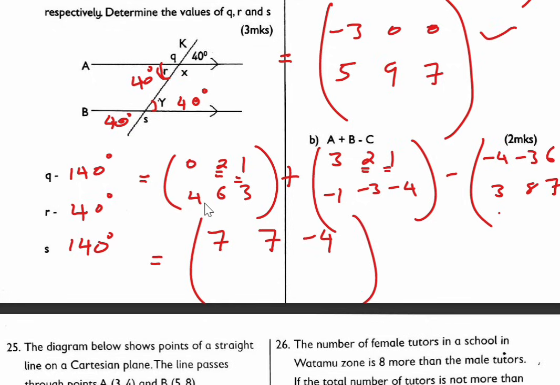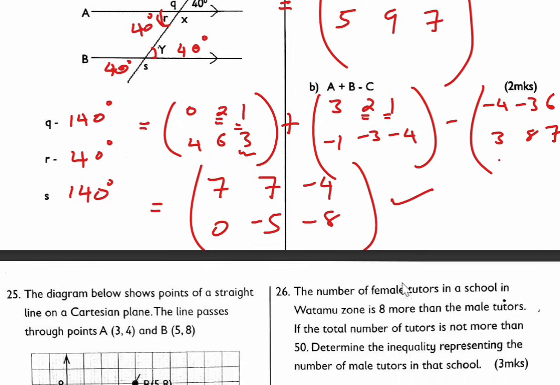At the bottom, 4 plus minus 1 is 3. Then 3 minus 3, we get 0. 6 plus minus 3, so it is 6 minus 3, we get 3. Then 3 minus 8, we get negative 5. Finally, 3 plus minus 4 gets negative 1. Negative 1 minus 7 gets negative 8. And therefore, that is the answer to part B. Continue to number 25.